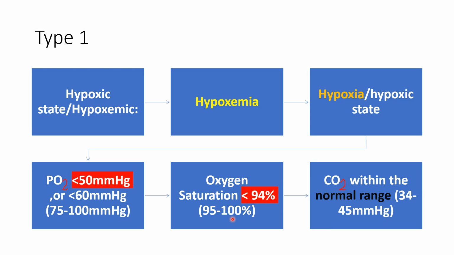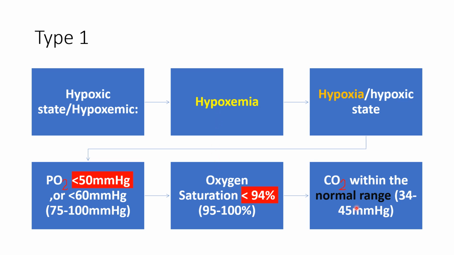So any level less than 94% will qualify O2 sat to be under type 1 respiratory failure. Some authorities will put it as less than 90% before we can say this is hypoxemia.